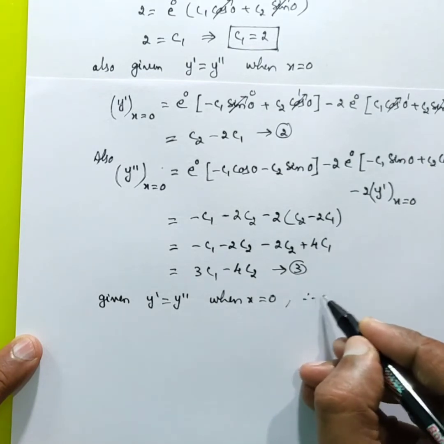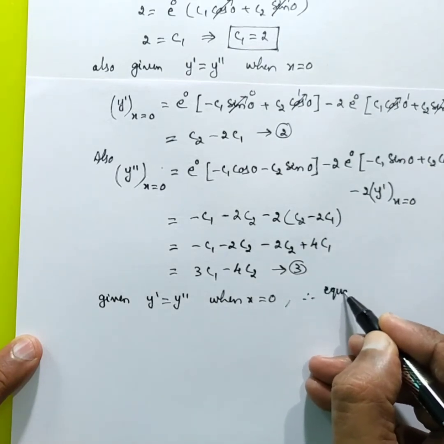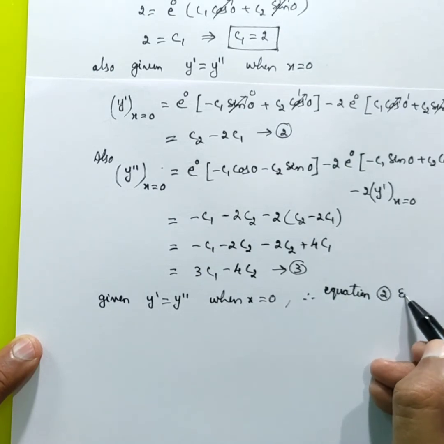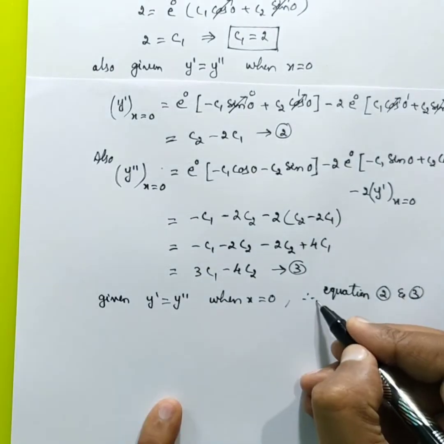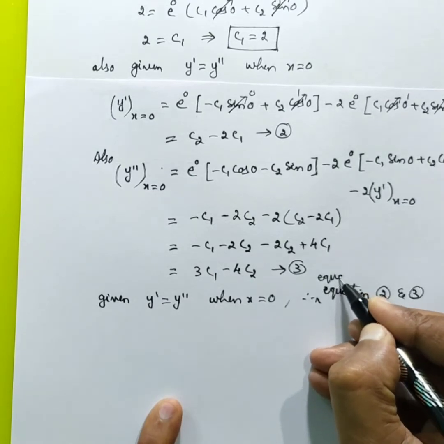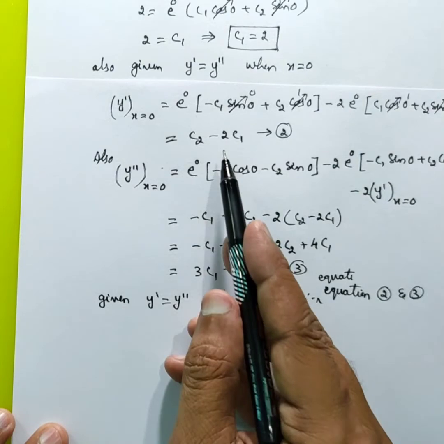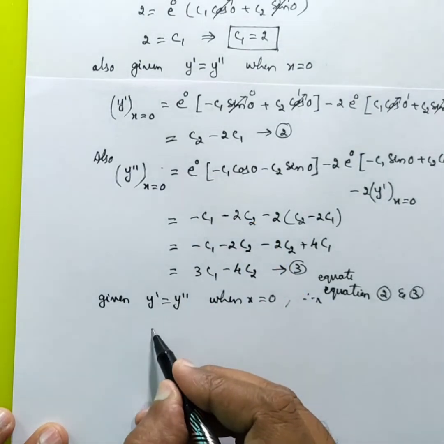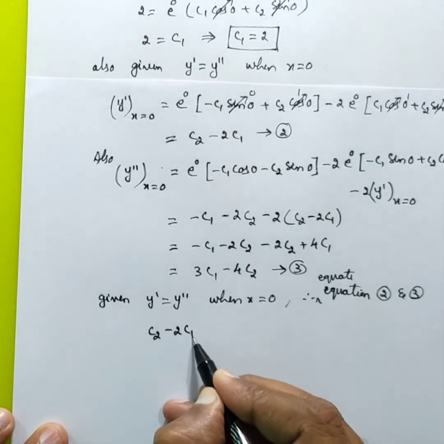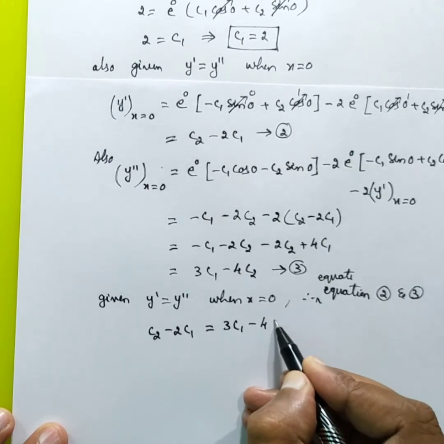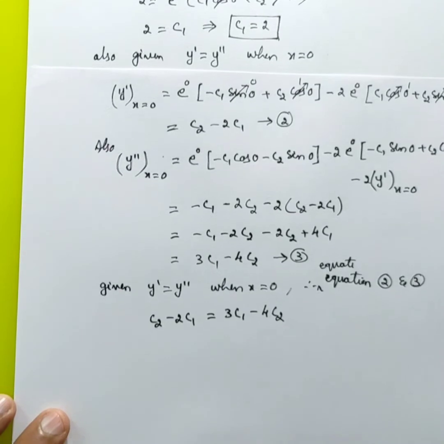Therefore, equating equations 2 and 3: equation number 2 is c2 minus 2 times c1, which equals 3 times c1 minus 4c2.